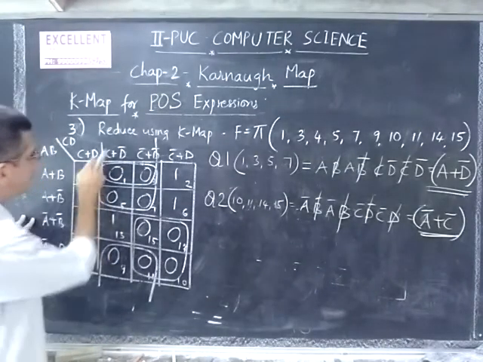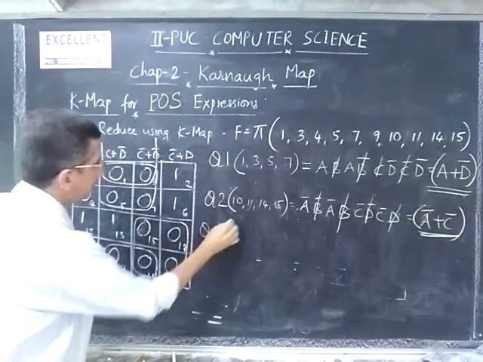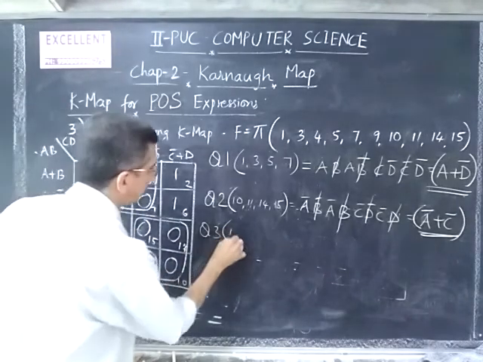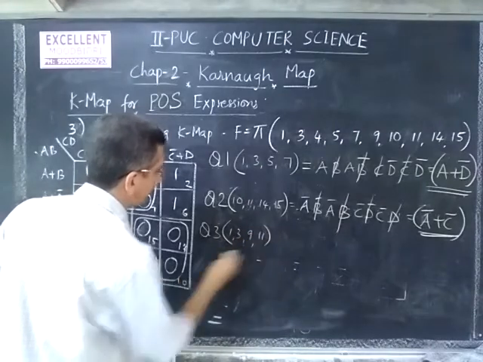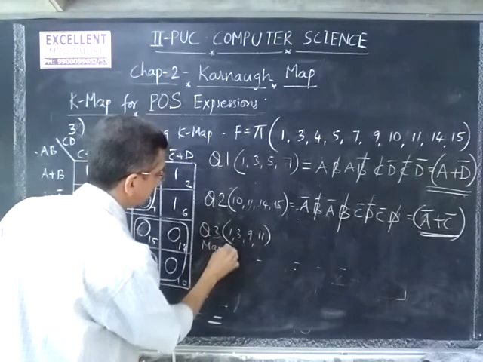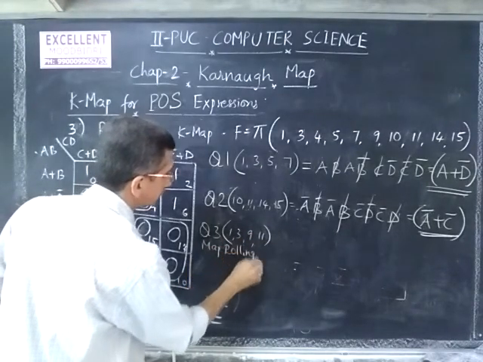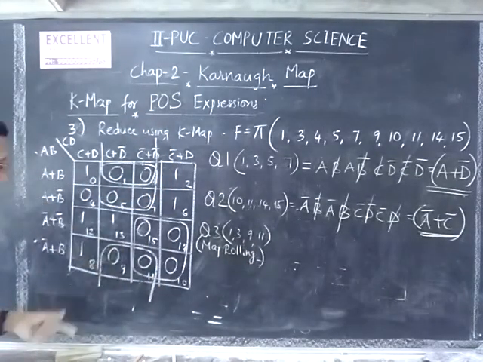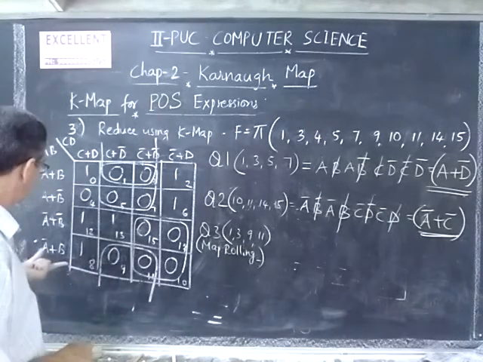The third quad is map rolling. Quad 3 is map rolling. 1, 3, 9 and 11. Rolling the map. These two and these two. So it is these two.